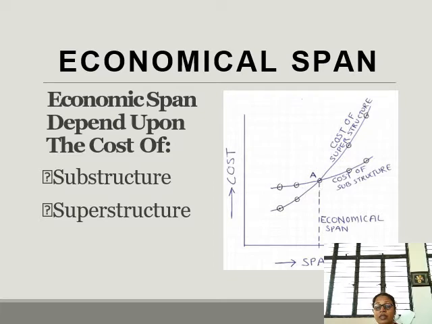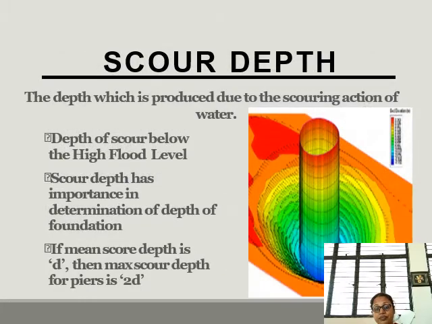Normally the economical span is the span wherein you get the minimal cost. Whenever a graph is plotted, if the cost of the substructure is equal to the cost of the superstructure, then that span will be most economical.